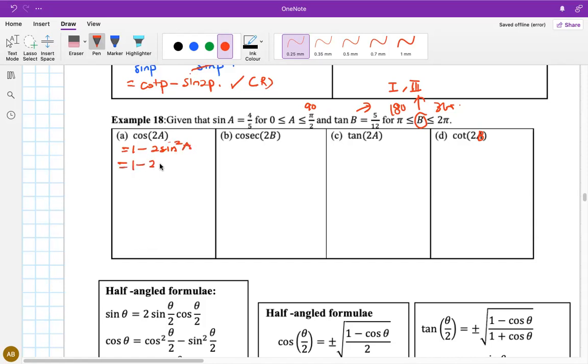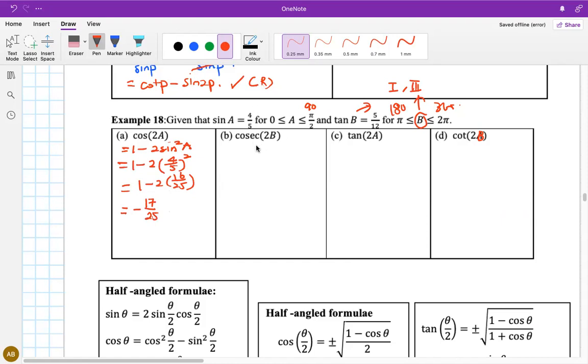So 1 minus 2 times 4 over 5, then you square. So 1 minus 2 times 16 over 25. So you have 32, so 25 minus 32. So you have negative 7 over 25. Okay.